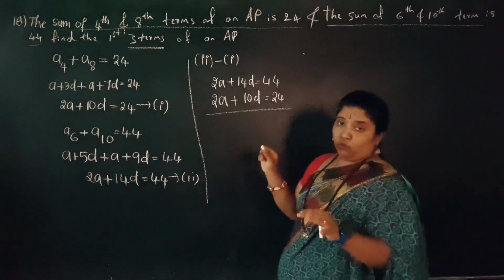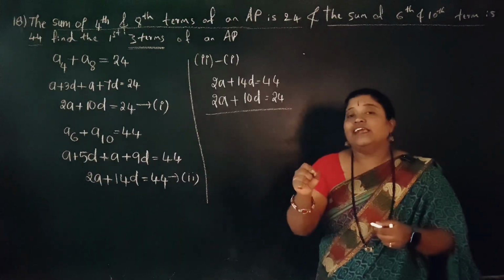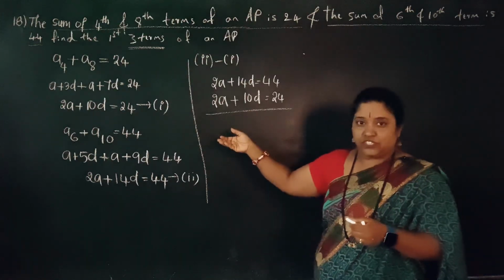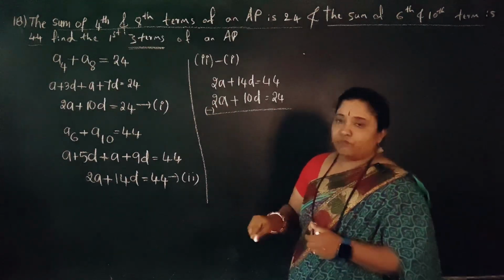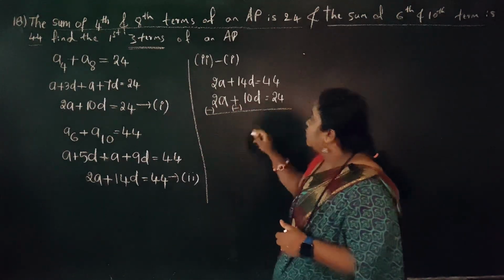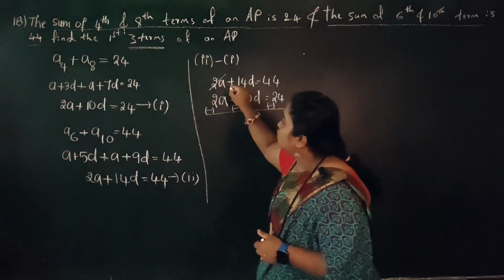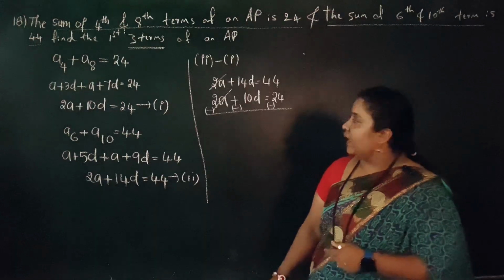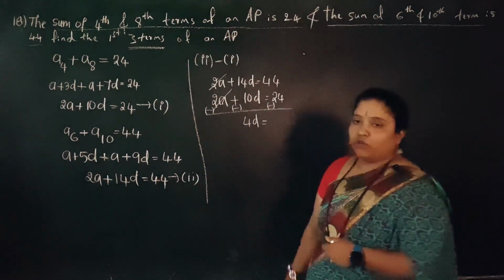And you people know that whenever I subtract any two equations, the sign of the second equation has to be changed. Understanding? This positive turns to be negative. Okay. Plus 2A minus 2A got cancelled. 14D minus 10D is nothing but 4D.